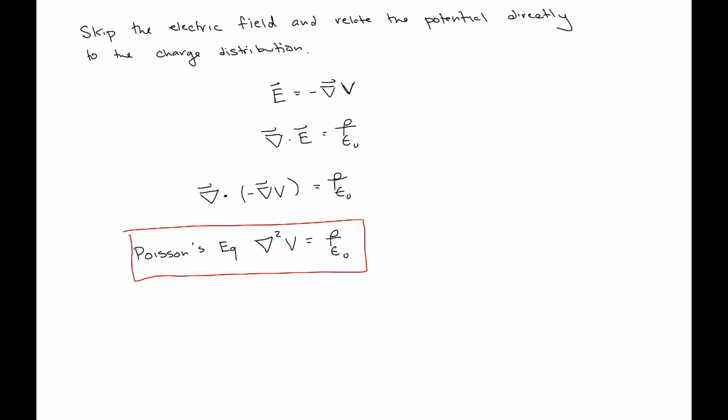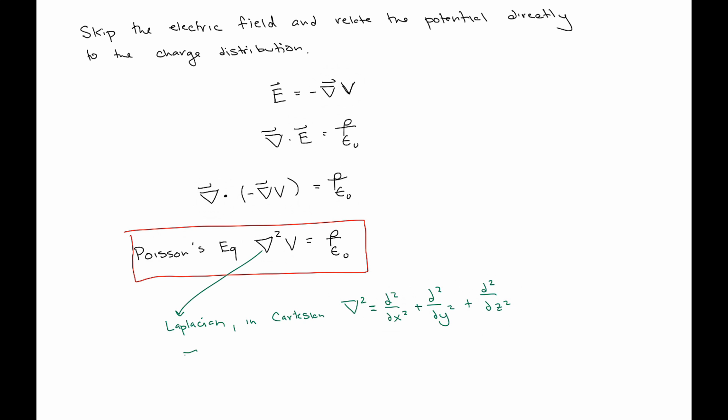Just a little background on what's going on here. This guy is known as the Laplacian. You can see it in different forms in Cartesian, cylindrical, and spherical in the back of the book. But in Cartesian, I can write it out. It's again a partial derivative, but it's a second order partial derivative in each of our directions.